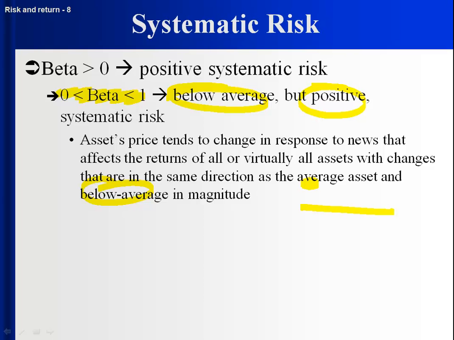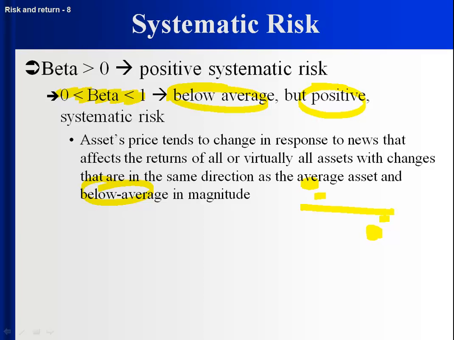A stock with a beta between 0 and 1 will say, you're right, it's good news, but not as good for me as it is for you. Same thing, the next day, bad news comes out, average stock is down. A stock with a beta between 0 and 1 would say, yeah, that is bad news, but it's worse for you than it is for me.